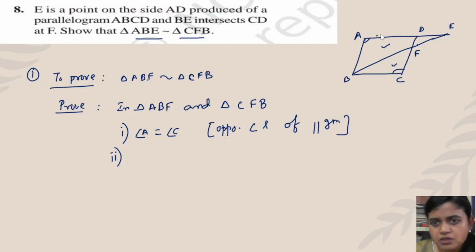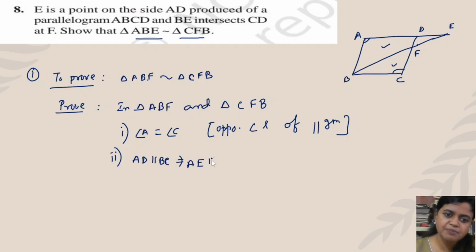Next, number 2, angle. Since AD and BC are parallel, we know in a parallelogram opposite sides are parallel, so AD and BC are parallel and AB and DC are parallel. AD is parallel to BC, which implies AE is parallel to BC.